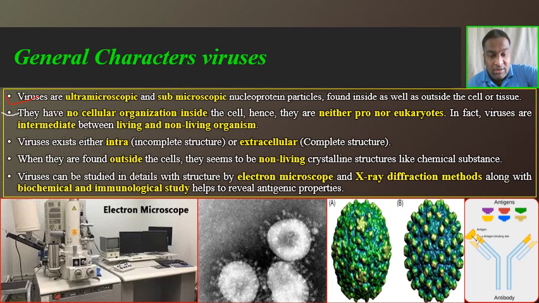Here we can see the electron microscope, and this is the electron microscopic structure of coronavirus. Then again we will study with the help of X-ray diffraction method along with biochemical and immunological study, which helps to reveal the antigenic properties of the viruses.